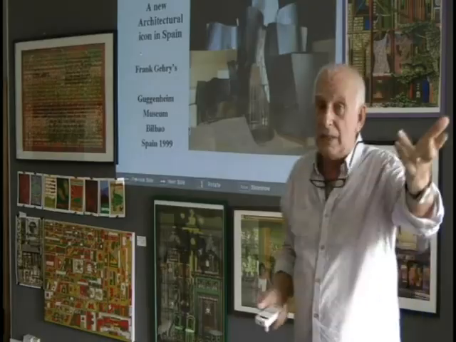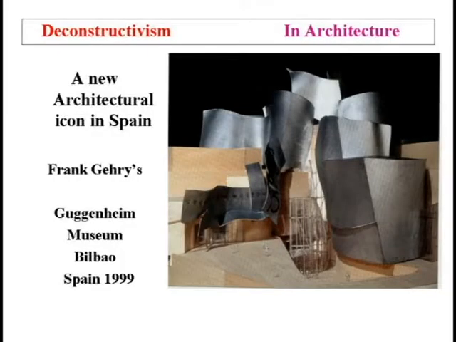And of course we have the classic one, absolutely classic, Frank Gehry in Bilbao, the Guggenheim in Bilbao, which is, I think at this stage, titanium sheets in what appear to be a random distribution.